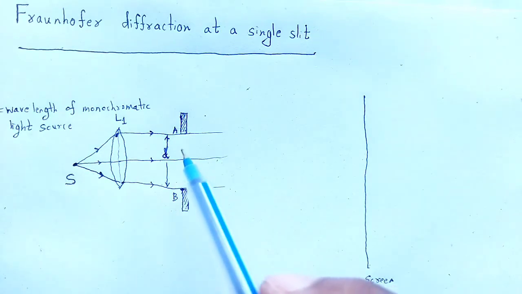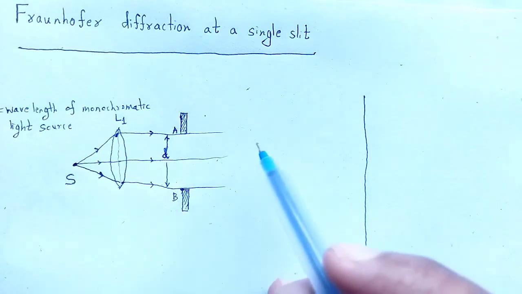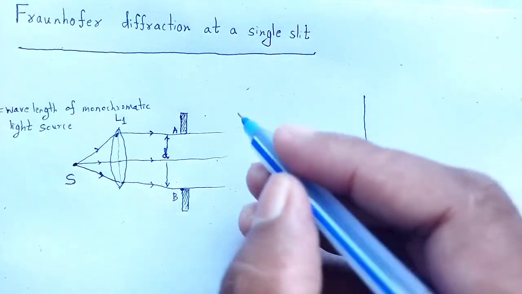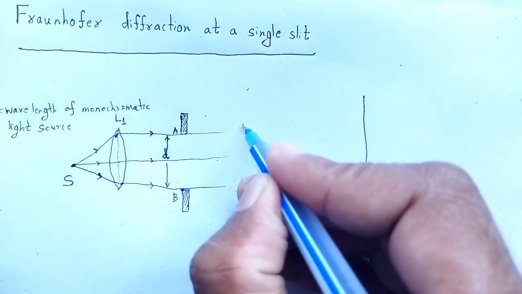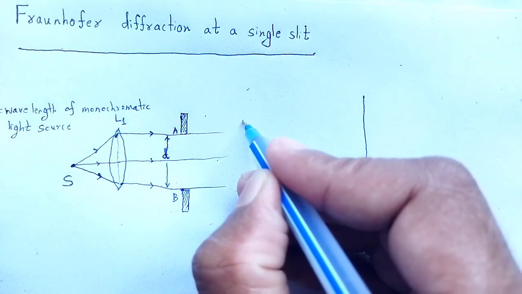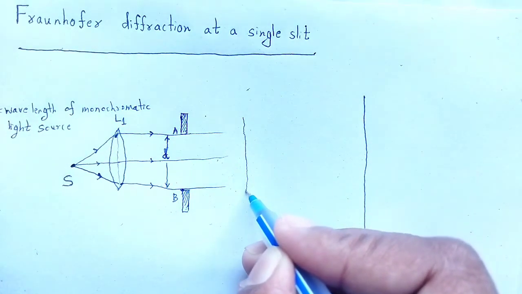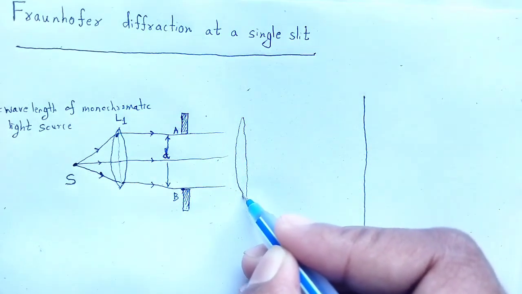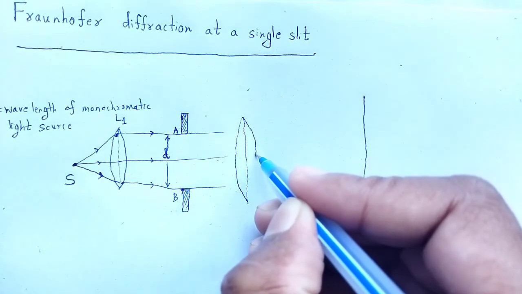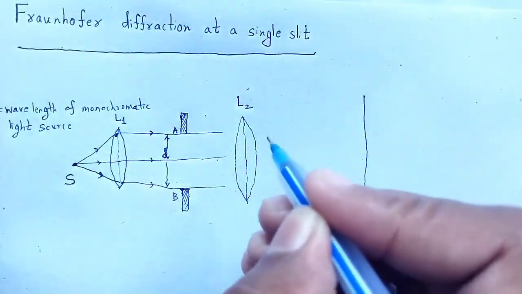Let the diffracted light be focused by another convex lens. Here we use another convex lens L2.